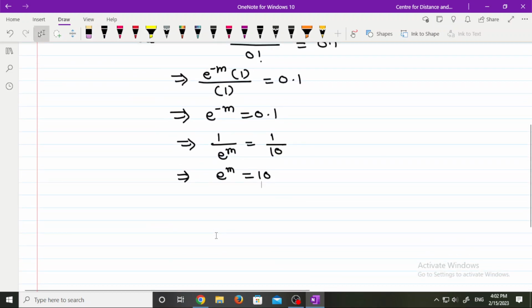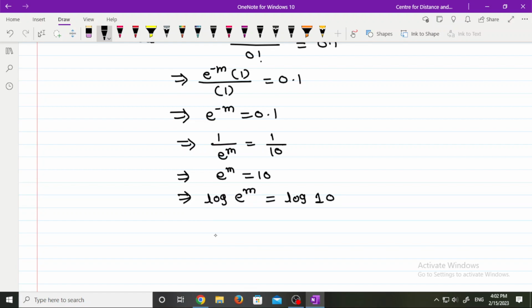Now we apply log on both sides. So we get log of e raised to m is equal to log 10, and here we use the logarithmic rule. So we get m log e is equal to log 10.